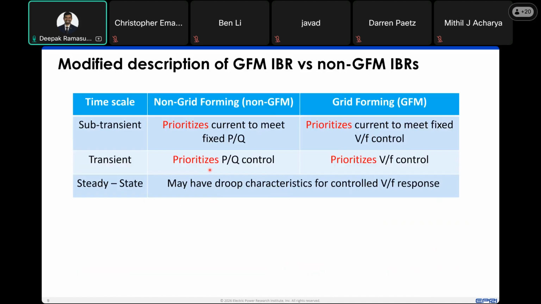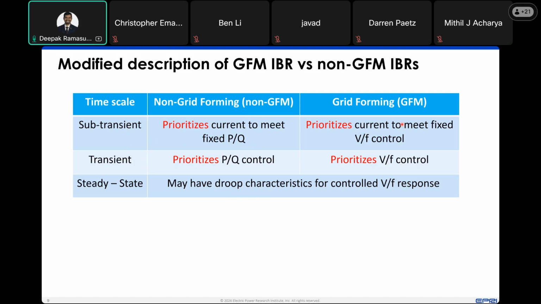So if we take that further, if an inverter in the subtransient and transient time scale prioritizes the injection of current in order to meet active and reactive power, then we can call it non-grid forming. On the other hand, if it prioritizes the injection of current in order to meet voltage and frequency, then we can call it grid forming.